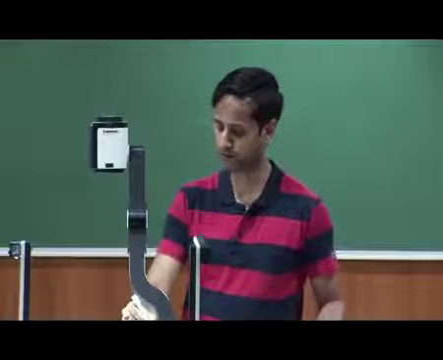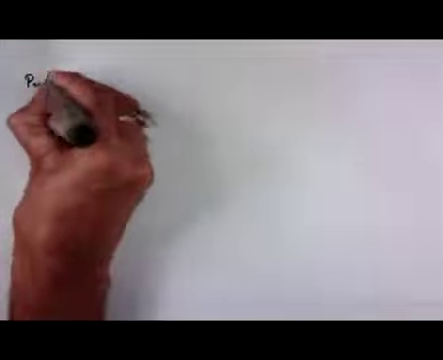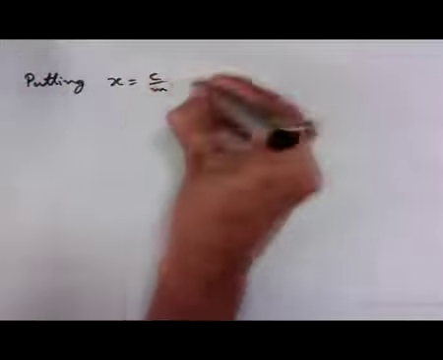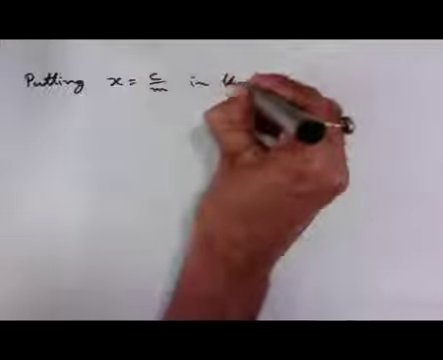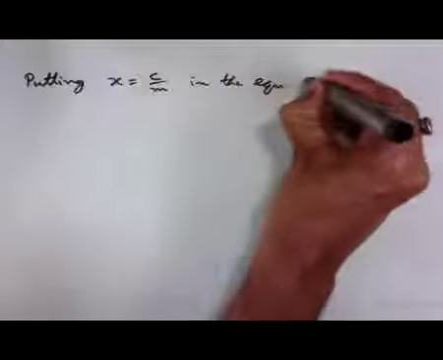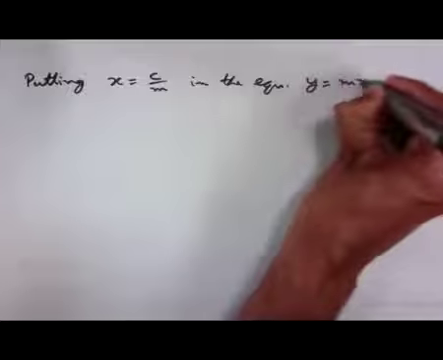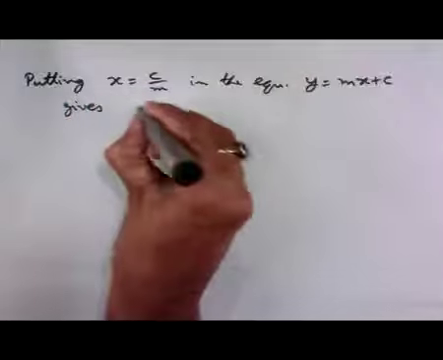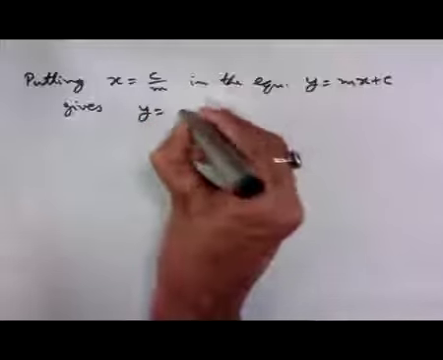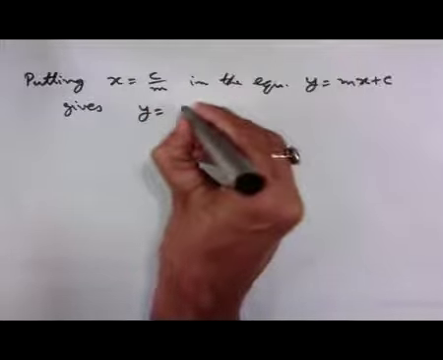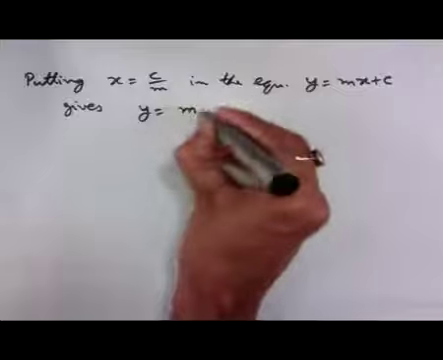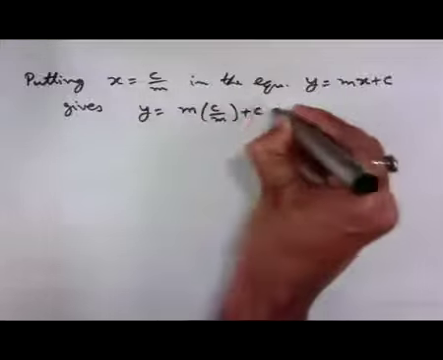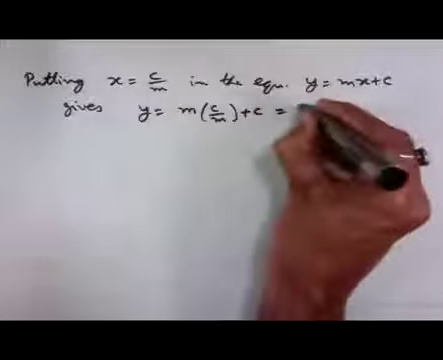And putting x equal to c by m in the equation y equal to m x plus c gives y equal to m times x is c by m plus c, which is equal to 2 c.